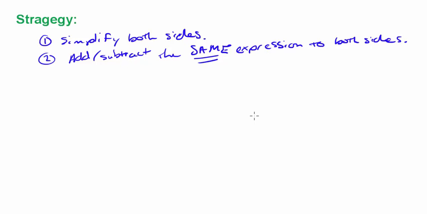If you don't add or subtract the exact same expression to both sides, then you have a different equation. You've changed the equation. What your answer would have been is now going to be different. Also, when you add and subtract the expression on both sides, you need to add and subtract it to the like terms of each side.